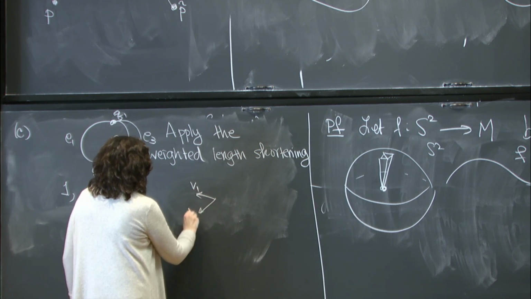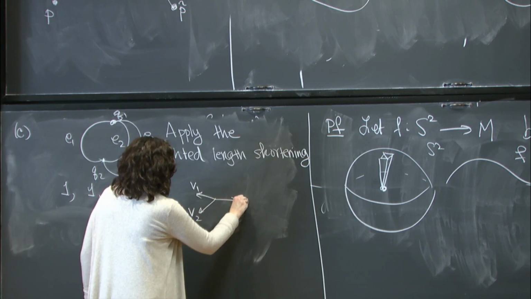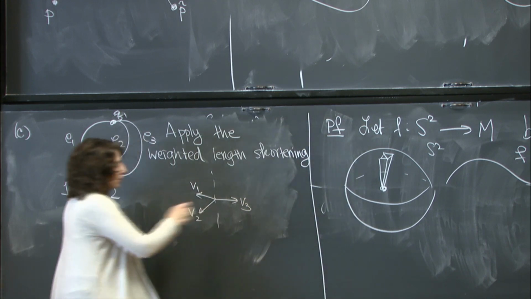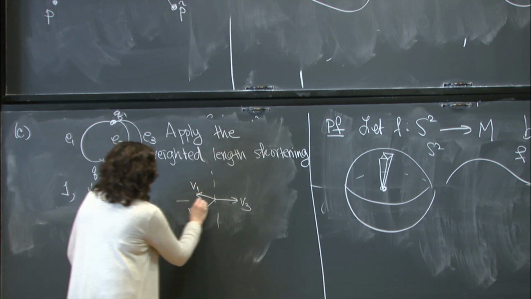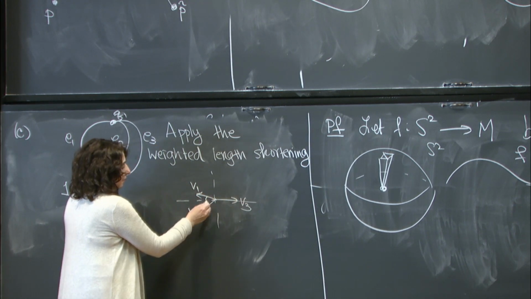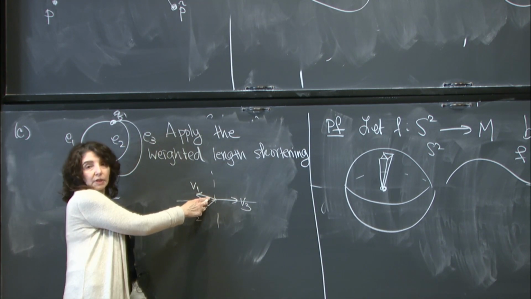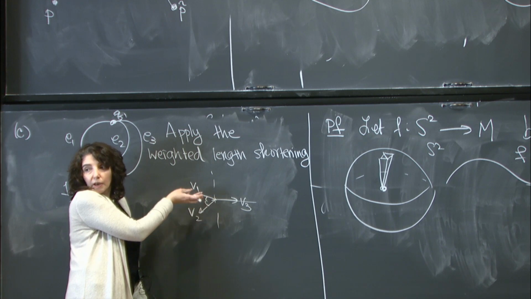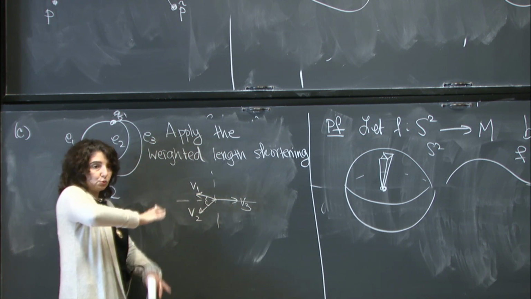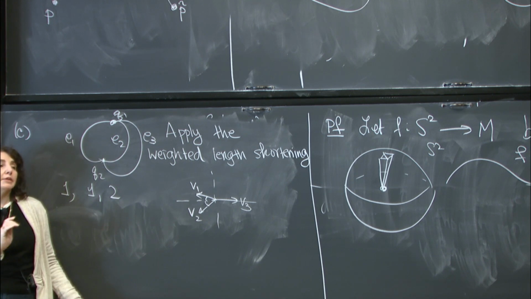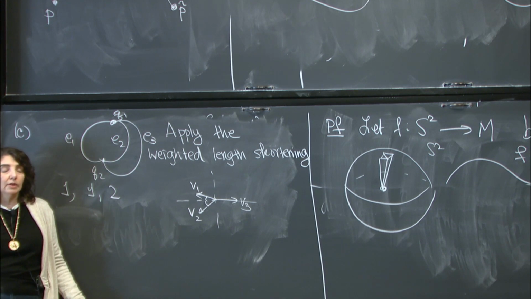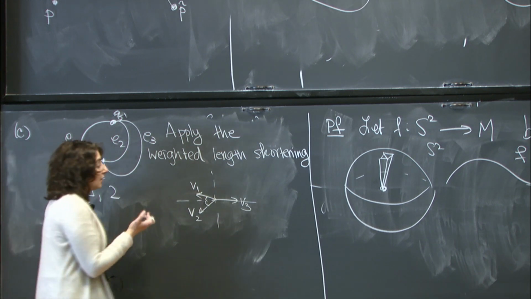I have v1 plus v2 plus 2v3 should equal 0. That means that the cosine of this angle has to be 0. So really, either one edge has to disappear, or 2 edges should collapse together. So in fact, if I apply the weighted length shortening, I cannot get a stationary theta graph.